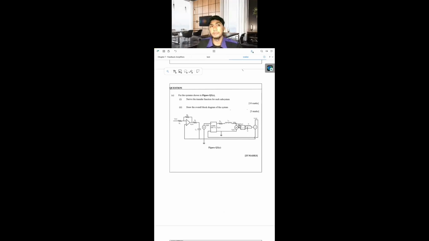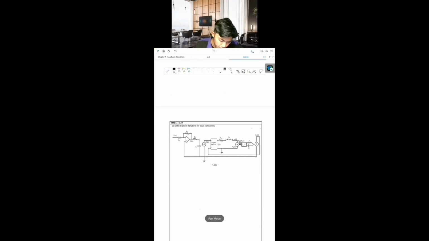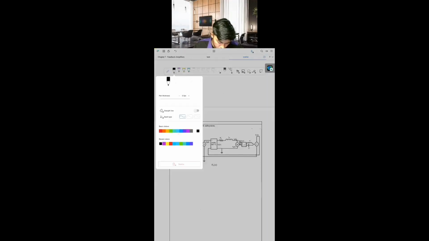So it can make it easier for draw the overall block diagram. So we continue here. So now we divide all the subsystem that we got here.